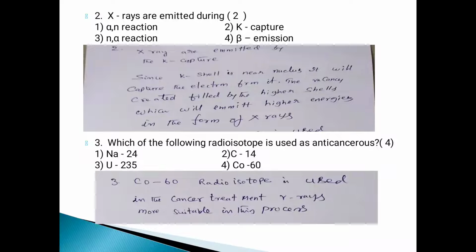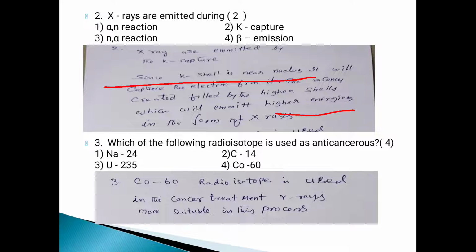appropriately. Next question, second: X-rays are emitted during? X-rays are somewhat more energetic rays. Actually all rays are produced by electronic transitions only. So if the transition takes place to the ground state from higher levels, we will get high energy rays, which is possible only in the K shell, which is very near to the nucleus.